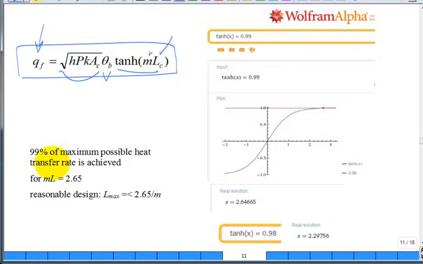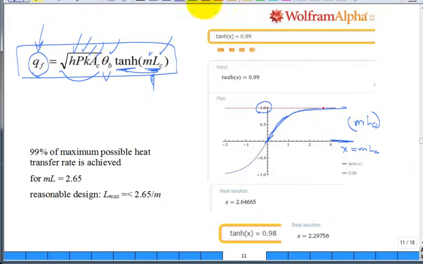But if you plot this function, what you find is that as you increase the m L sub c, this is the x-axis, the k and the h and the P and the A sub c don't change, and the theta b doesn't change, but the rate of heat transfer changes as m L sub c increases. But what about the hyperbolic tangent? What does that function do? It maxes out at 1.